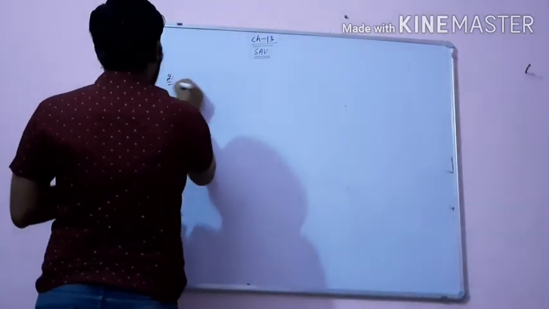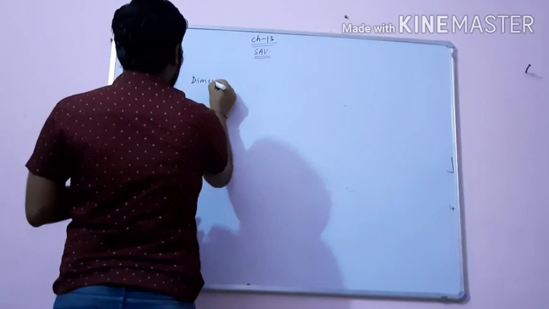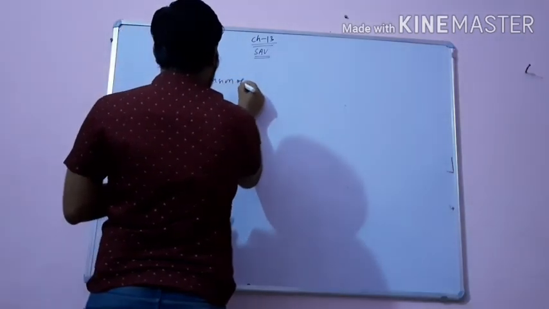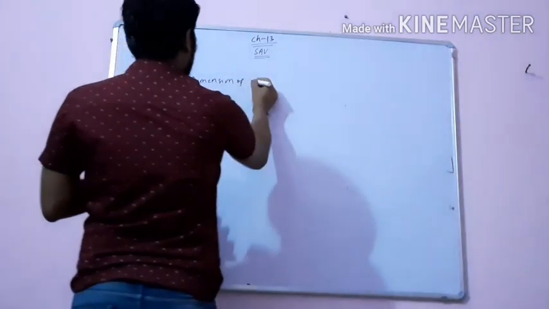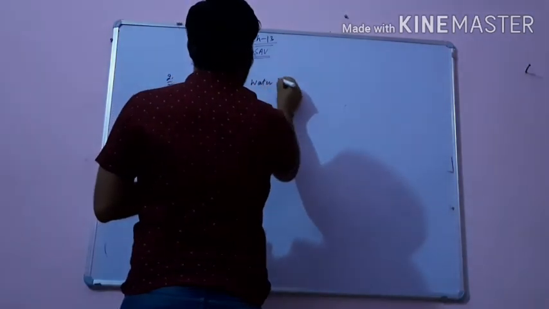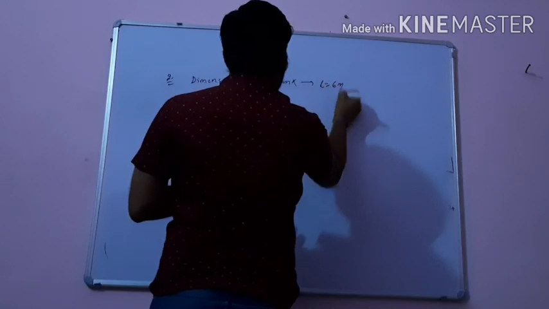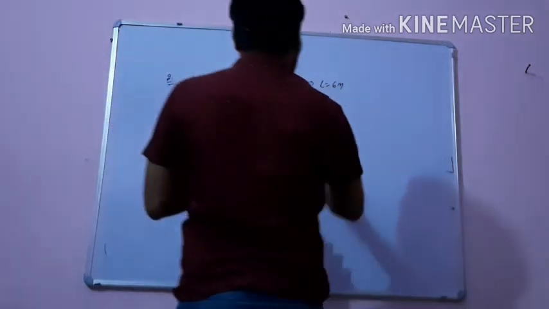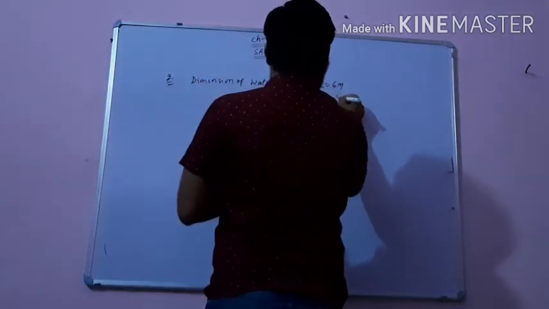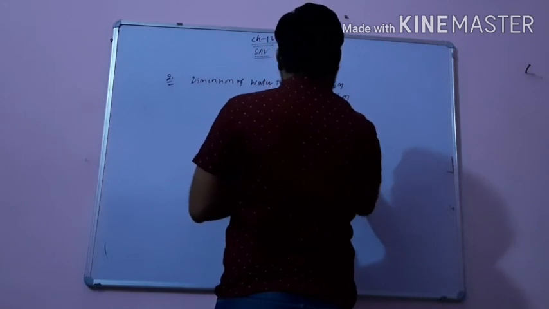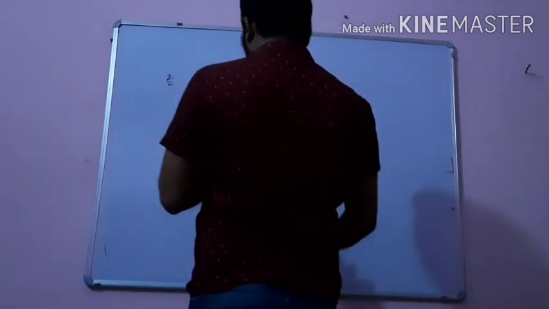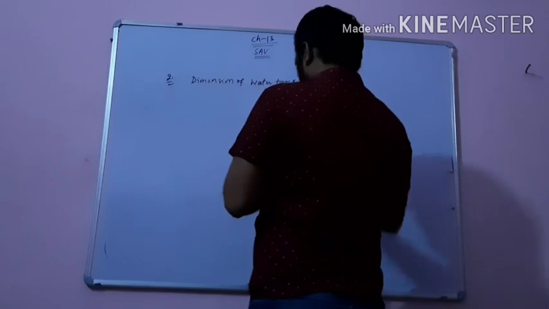In question number 2, the dimension of the water tank is L equals 6 meter, width equals 5 meter and height, that will be deep, is 4.5 meter. Find how many liters of water can it hold?